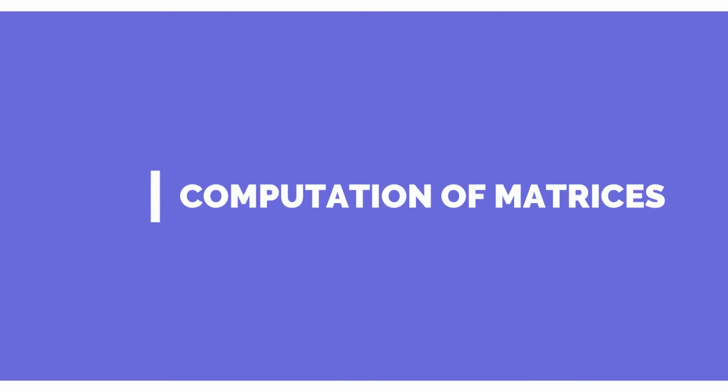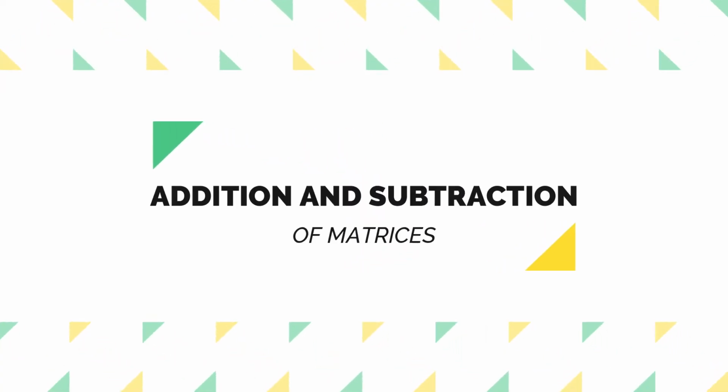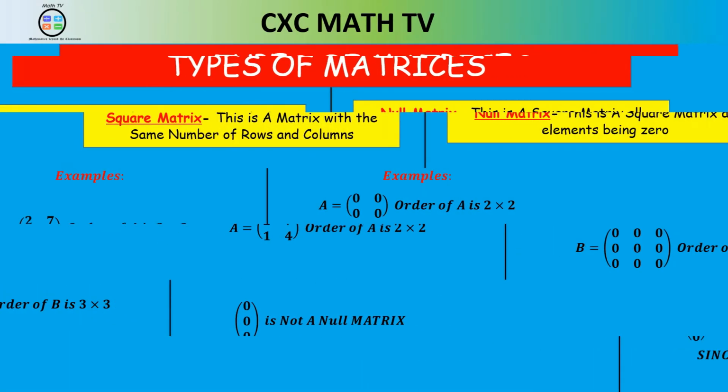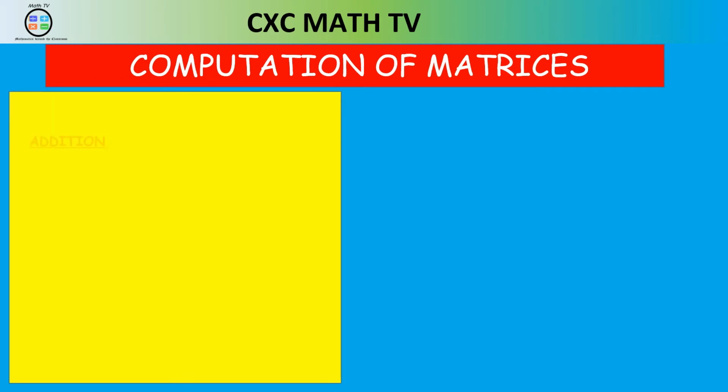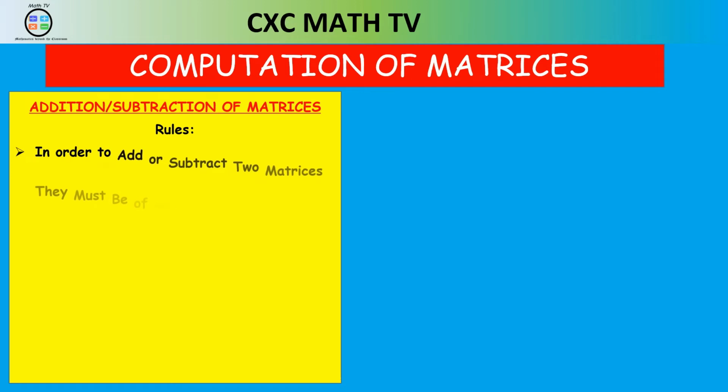Alright? So now we're going to look at computations of matrices and we're starting with the basics, of course, addition and subtraction. So what are the rules when we talk about addition? Now in order to add or subtract two matrices, they must be of the same order. That's the first thing. We highlight it in red. It has to be of the same order.